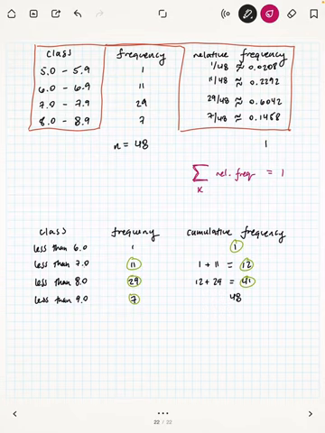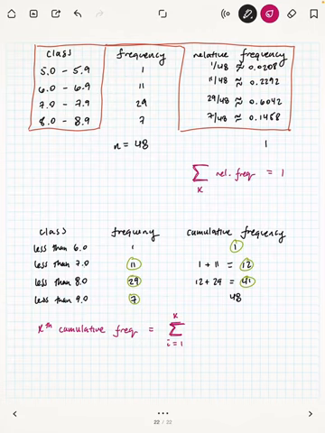Each kth cumulative frequency is the sum of all the ones before, the sum of all the frequencies up to that class. So starting with the first class and up to the kth class.